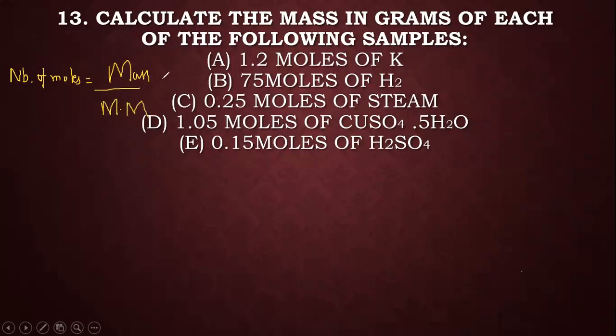We have to find the mass, so mass equals number of moles multiplied by molar mass. For mass, we have to know two values: number of moles multiplied by molar mass.